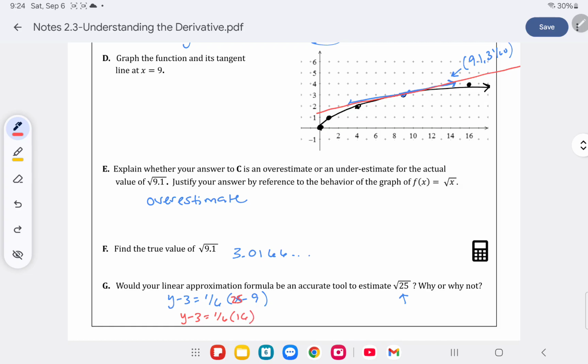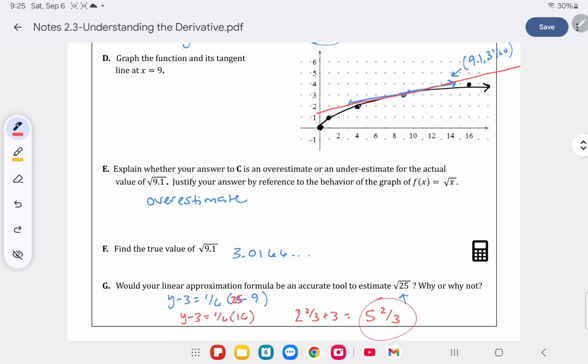What is that? 8/3 plus 3. Oops, don't really want to do that. So 2 2/3 plus 3. I would get 5 2/3 instead of 5, which is not very accurate.